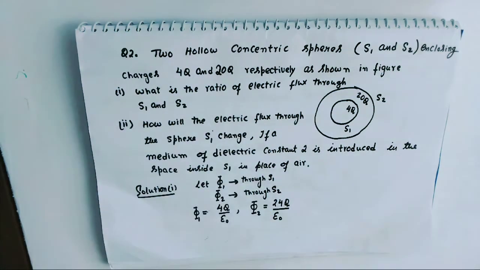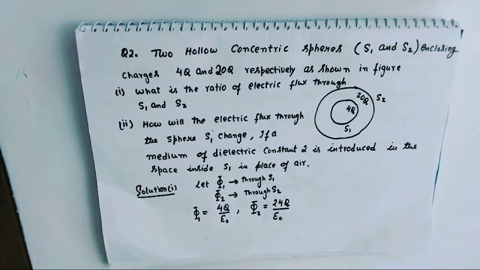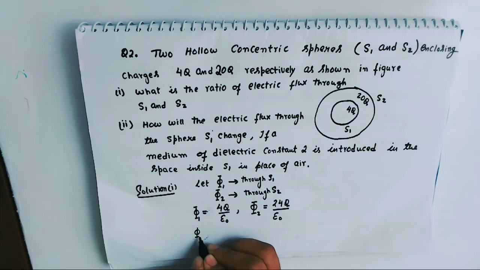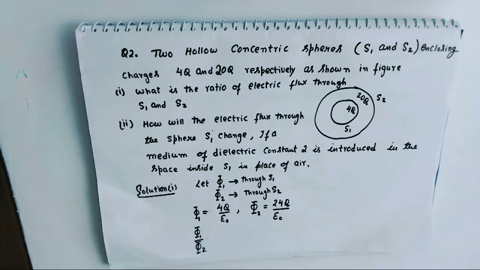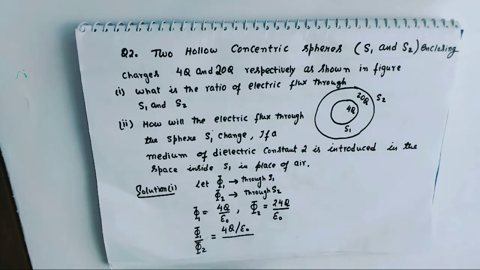The first question says, what is the ratio of the electric flux through S1 and S2? That means phi 1 divided by phi 2. So this is equal to 4q divided by epsilon naught, then divided by 24q divided by epsilon naught.